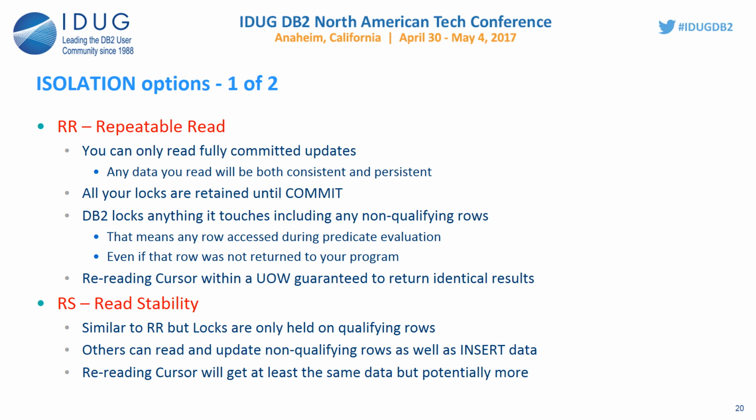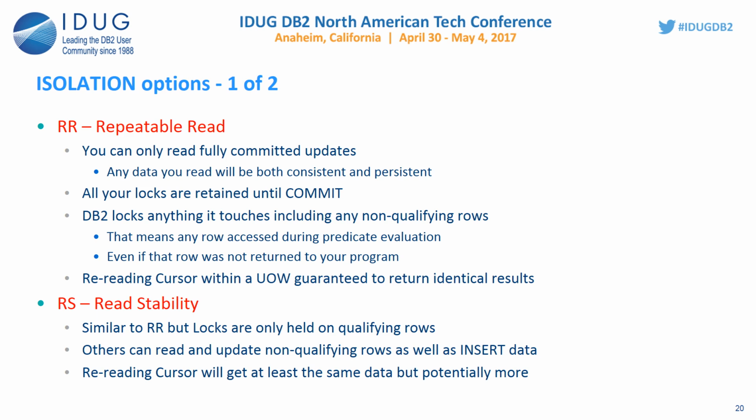Now, with repeatable read, if you try and read something and it's locked, you're going to sit and wait. So all the data you read is going to be committed and complete. All your locks, if you take one, are held until you do a commit. So the page and row level locks are held until commit time. The key thing here is that DB2 locks anything it touches, including non-qualifying rows.